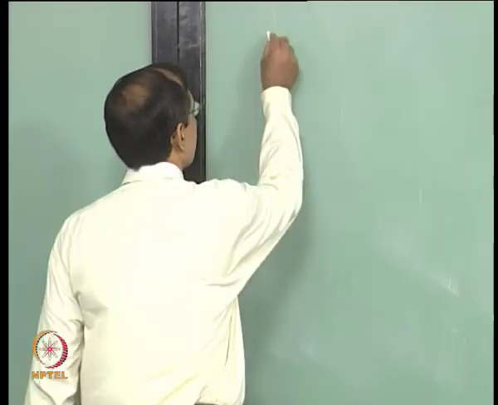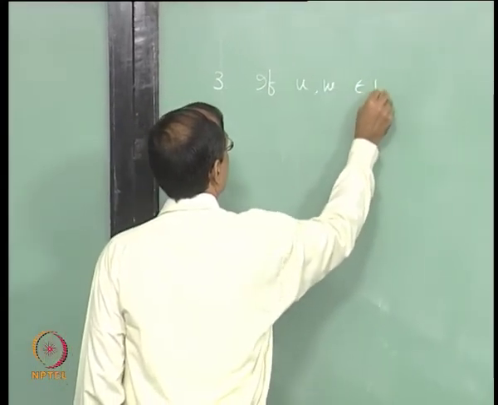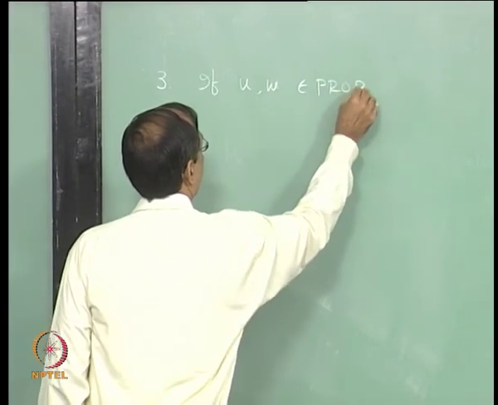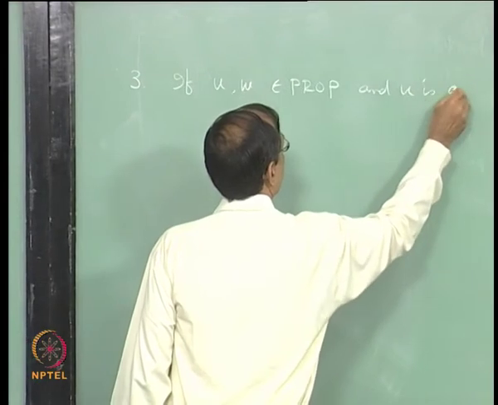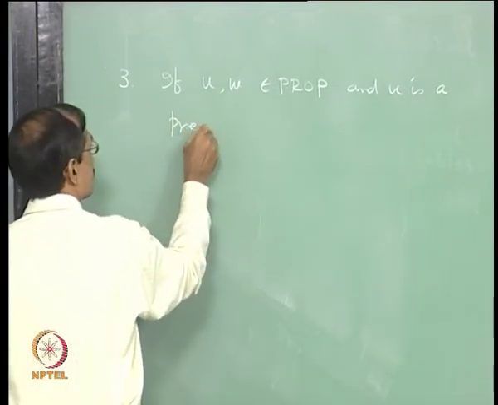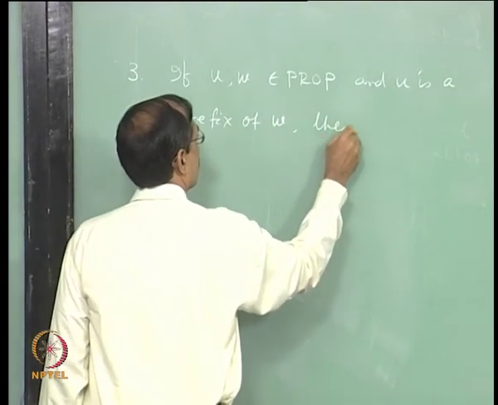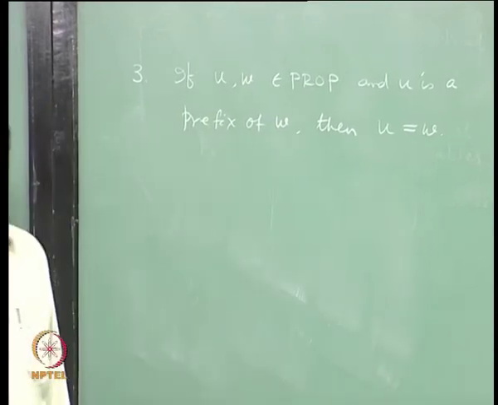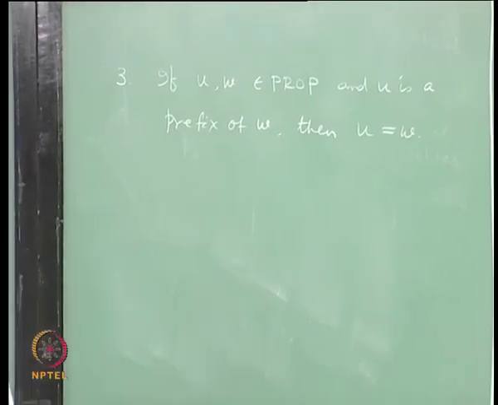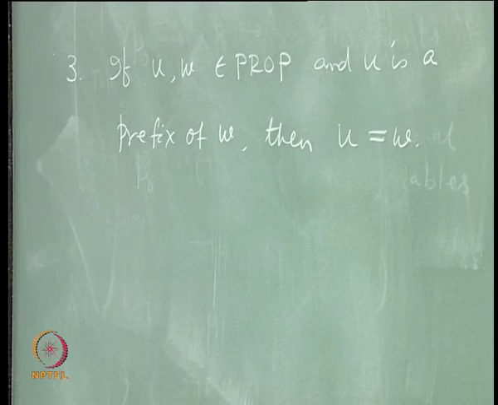If you take both u and W as propositions and u is a prefix of W, then u has to be equal to W. No proper prefix of a proposition can be a proposition. This is what it says. Is that right?